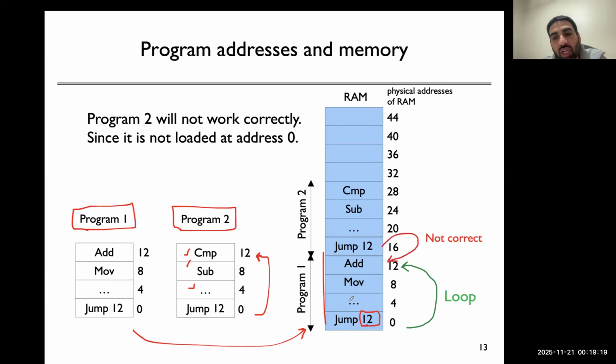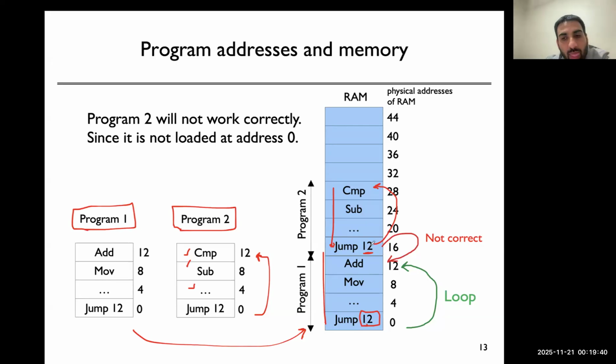Why? Because if you run this program now, what will happen? It will start executing this one, and when we say jump 12, what we actually wanted is to go back to the first instruction. But here the jump 12 means going into the rest of the space of program 1, which is not what we wanted, right?